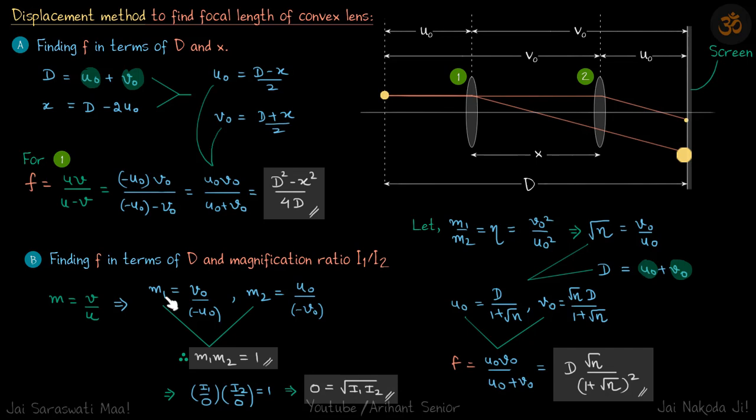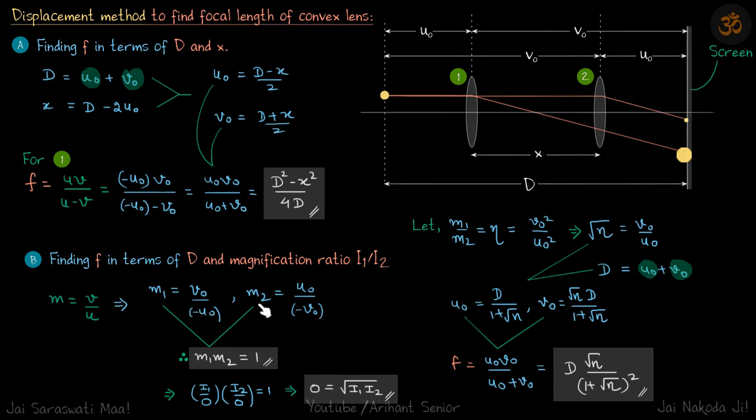In the first case, v is v0 and u is minus u0, so magnification is v0 upon minus u0. In the second case, magnification is v by u again, so v is plus u0 and u is minus v0, so magnification is u0 upon minus v0.